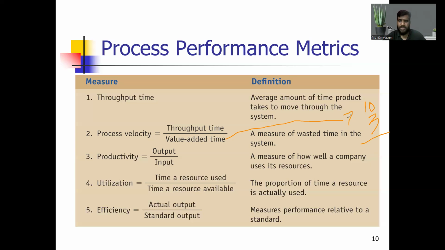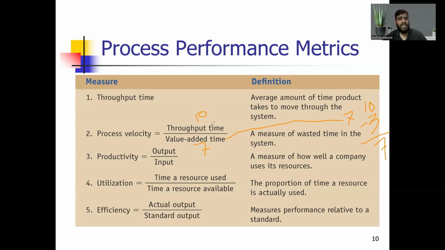Are you getting what value added time is? Throughput time minus the allowances. So your throughput time is 10 minutes and your value added time is 7 minutes. 10 divided by 7 is more than 1, isn't it?